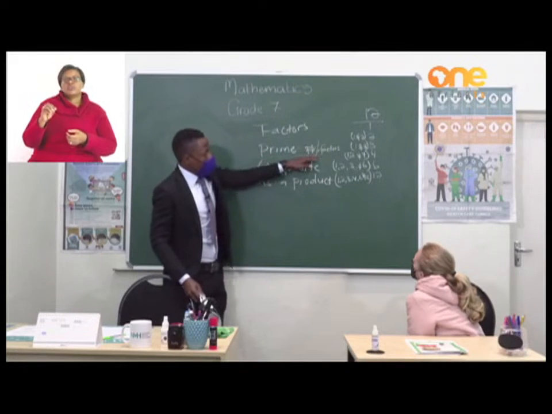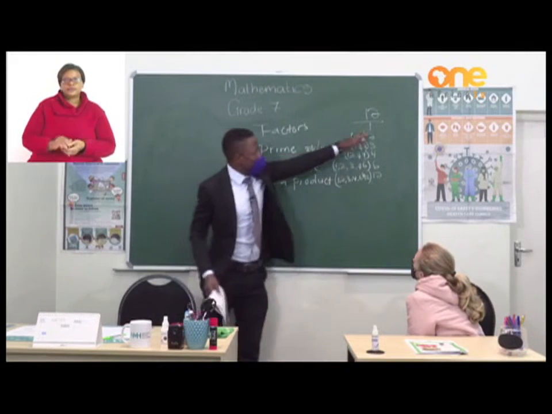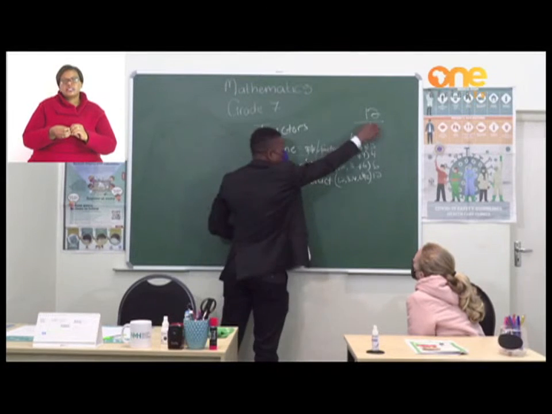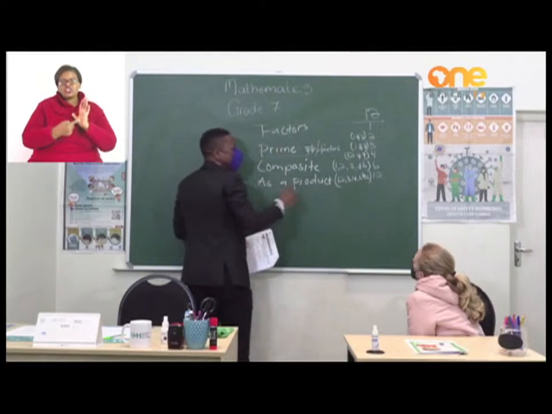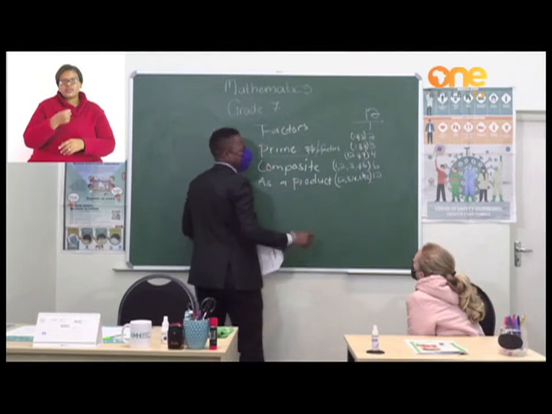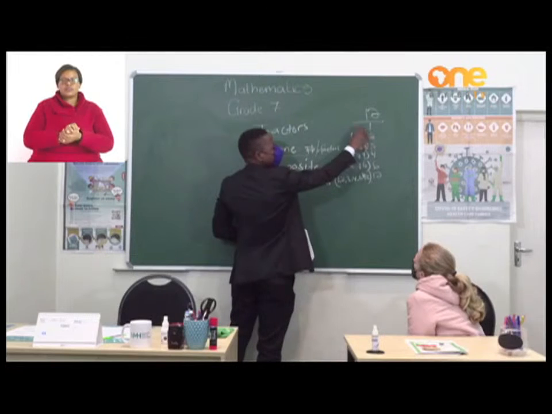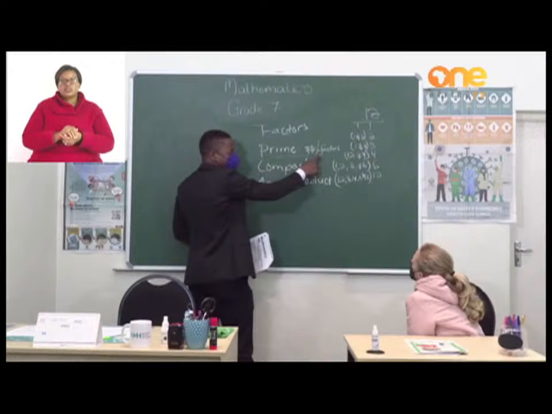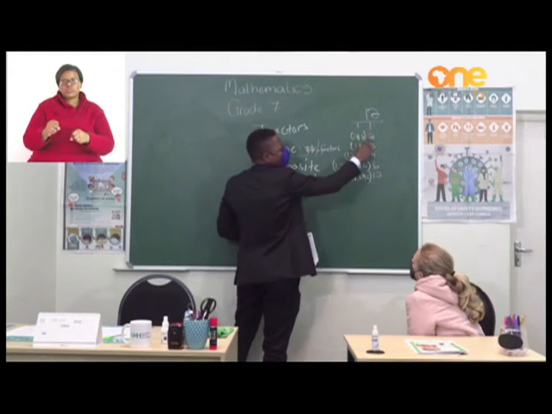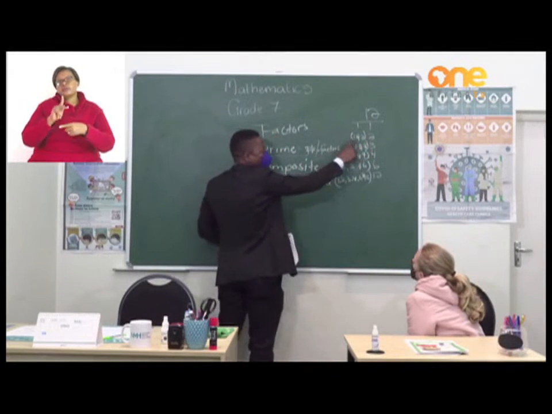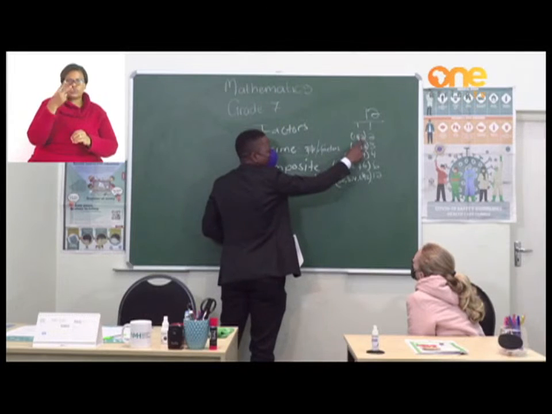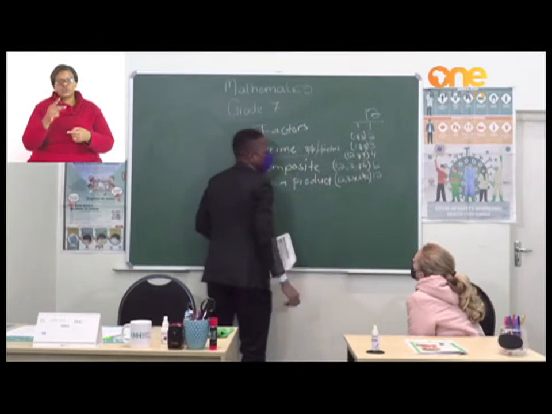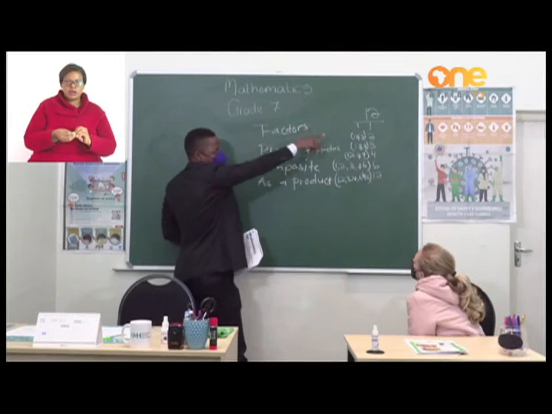A prime number, in this case we say a prime factor, is any factor listed down here which is only having two factors. 1 has got only one factor, so 1 is not a prime factor. 2 has two factors, which is 1 and 2. So in this case, 2 is a prime factor of 12.